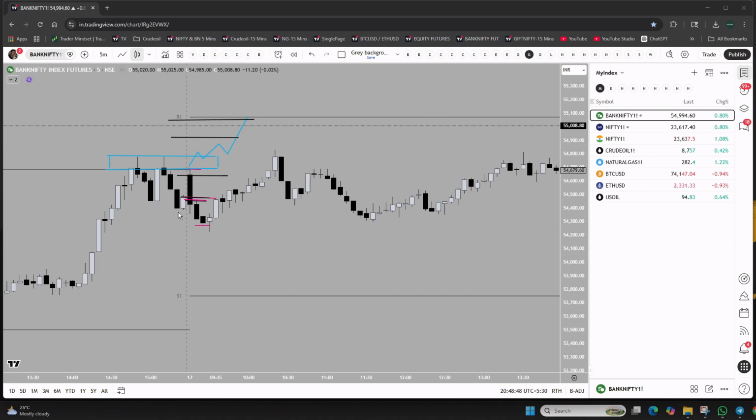So it is all about the technicals, guys. It was very clear that this was a resistance, and Bank Nifty would respect that resistance big time, and the same thing happened. That was the technical explanation why the trade was initiated in the first candle of the day.